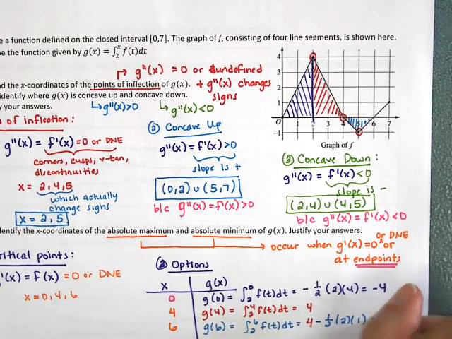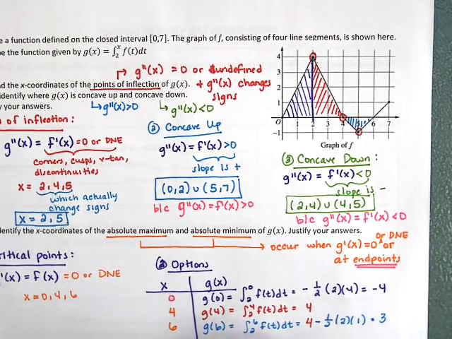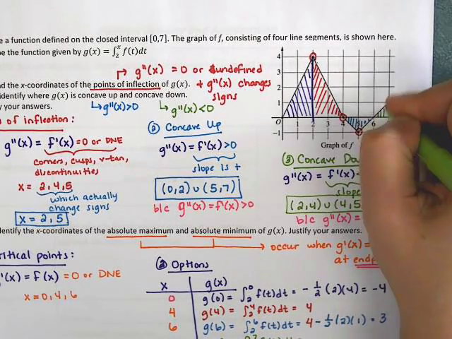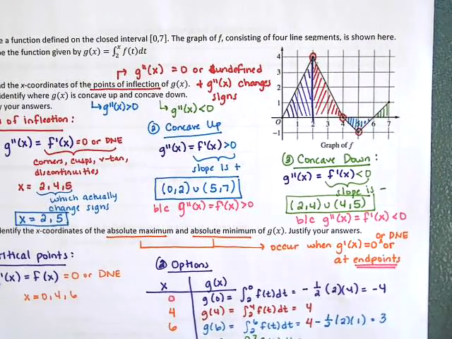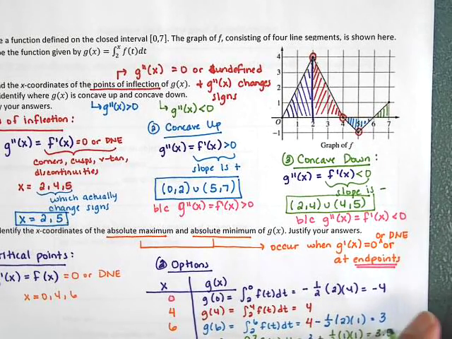Now half of 2 would just be 1, so 4 minus 1 would be 3. And to figure out what happens at 7, I would want the integral from 2 to 7 of f of t dt, which means take what you just got, the 3, and add in that little triangle. So plus 1/2 times the base times the height, which would be 3.5.